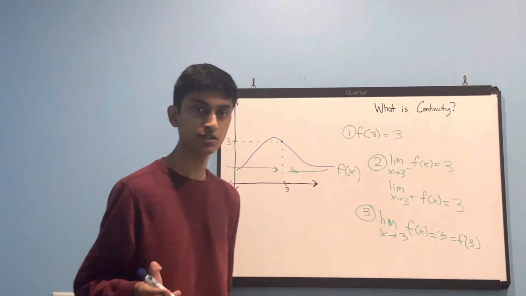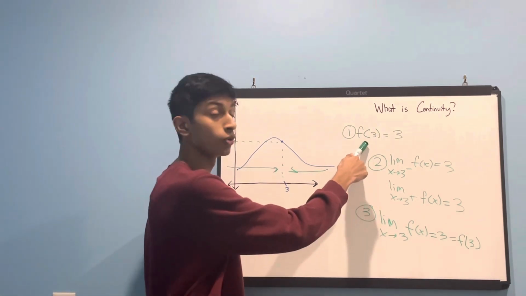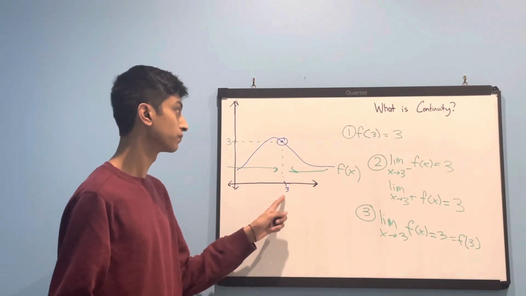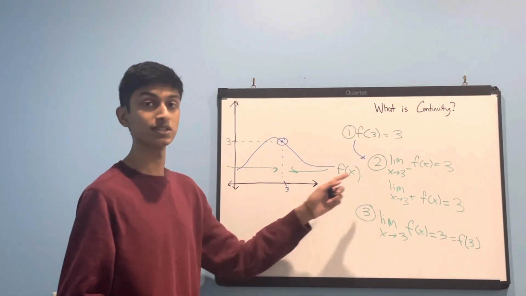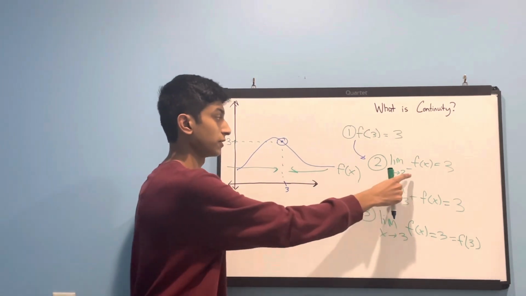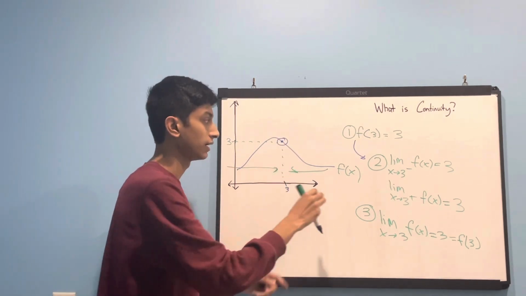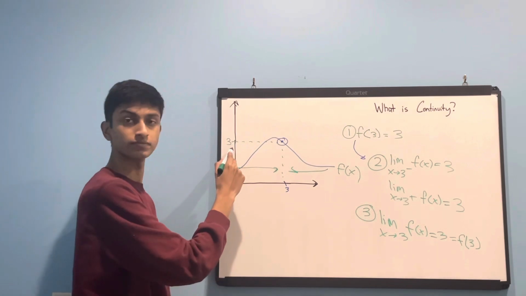And that's it. What we did here is we first checked if the point itself, f of 3, exists. Since it does, we went to our second step, which compares the left and the right limits. For this one, we looked at going from the negative side to 3, and that's what the little minus sign means, and that equals 3.